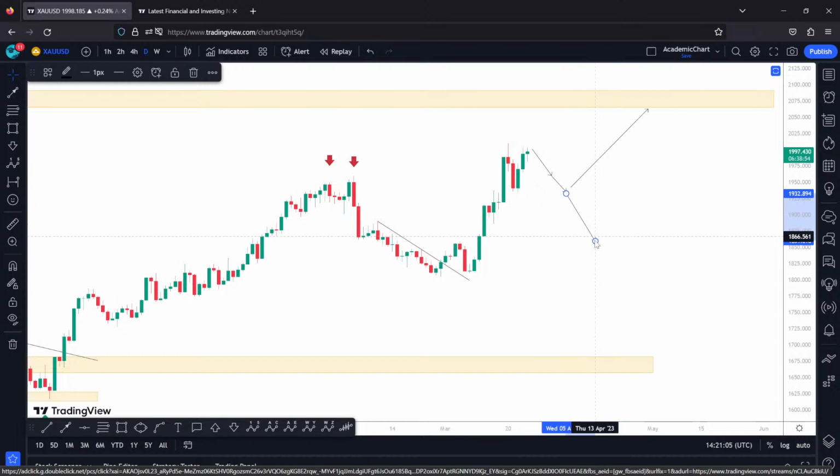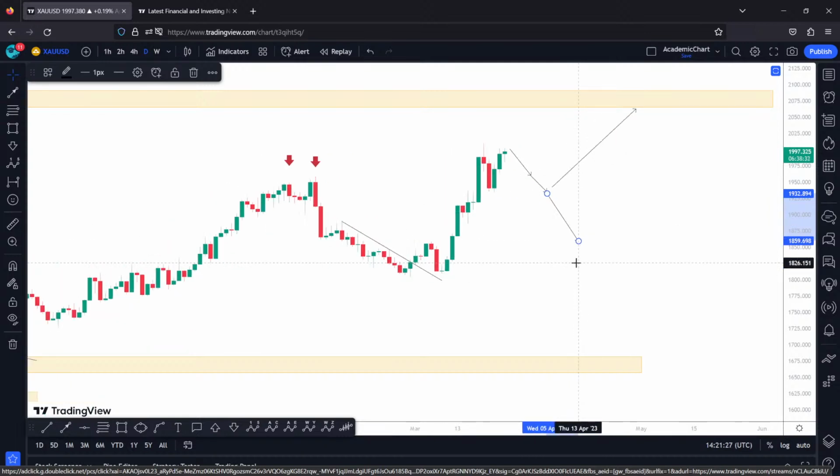So the continuation to the downside is also possible, because this is going to be a very short corrective structure to this level, to this powerful impulsive move that we had in the past 2 weeks. So there is a possibility that we also see a longer corrective structure here.